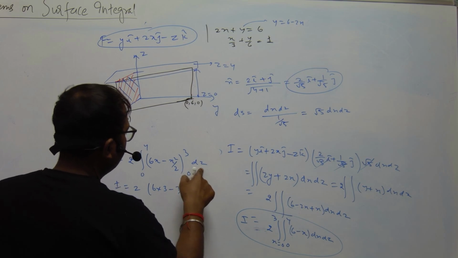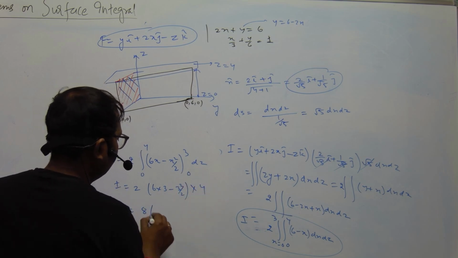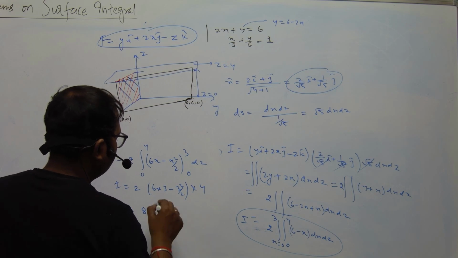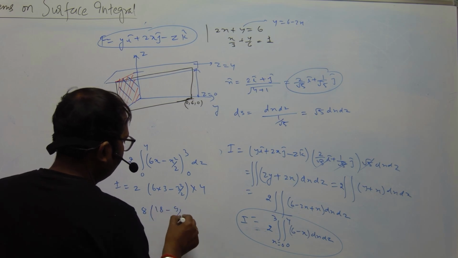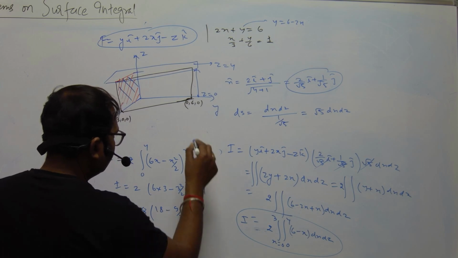The integral of dz is z, so with limit 4, I is equal to 8 times 18 minus 9 upon 2.